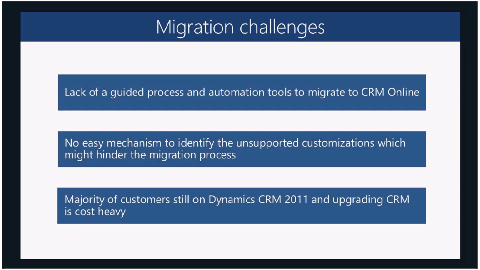There is no easy mechanism for us to check for any unsupported customization which might be hindering the actual migration process. And since the majority of our customers are trying to move to online from Dynamics CRM 2011, it was really the reason why we had to develop the tool to make it automated, guided, and easy to use.